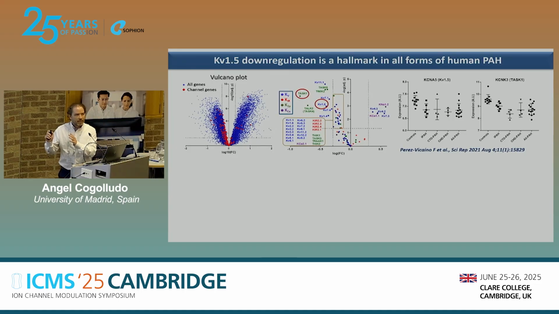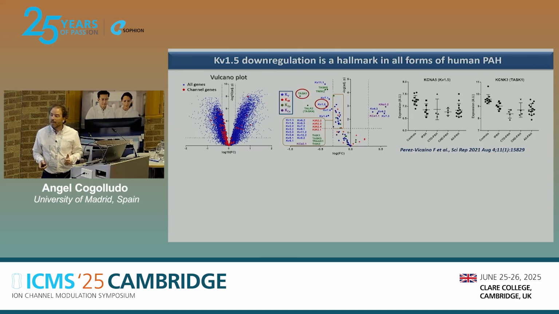But to sum up, I want to show you this transcriptomic analysis that our group, led by my colleague Francisco Pérez Vizcaíno, did a few years ago. This volcano plot represents all those genes whose expression is impaired in pulmonary arterial hypertension. These are lungs from pulmonary arterial hypertension patients. And as you can see in blue dots, many of the genes that are impaired in pulmonary arterial hypertension can be either downregulated or upregulated.